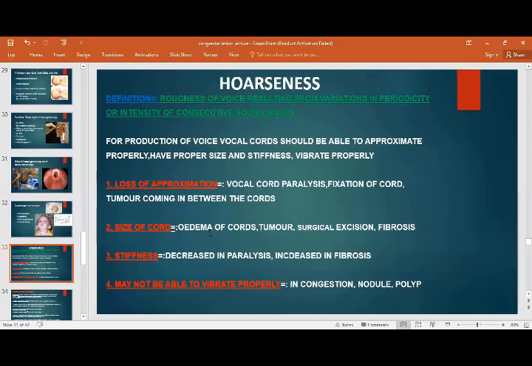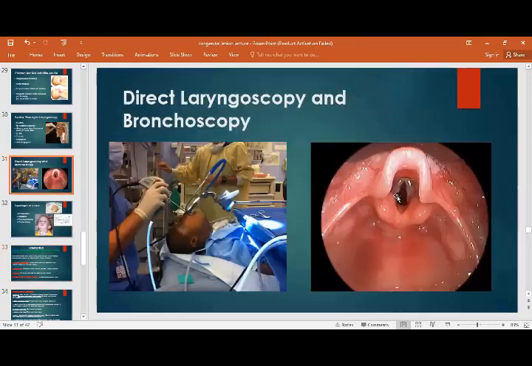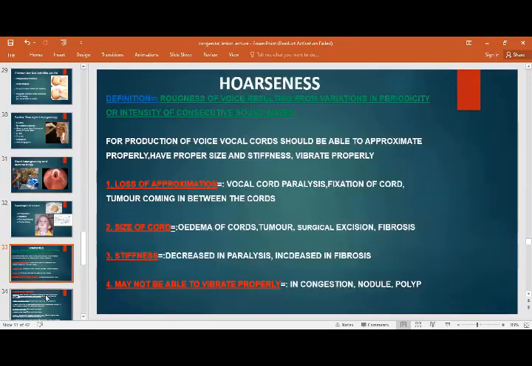Then there is also surgical excision, fibrosis, and then stiffness, and of course paralysis. The cords need to be supple and they need to move properly. And in some cases, of course, a nodule, polyp, or anything present over the cords will change the voice.